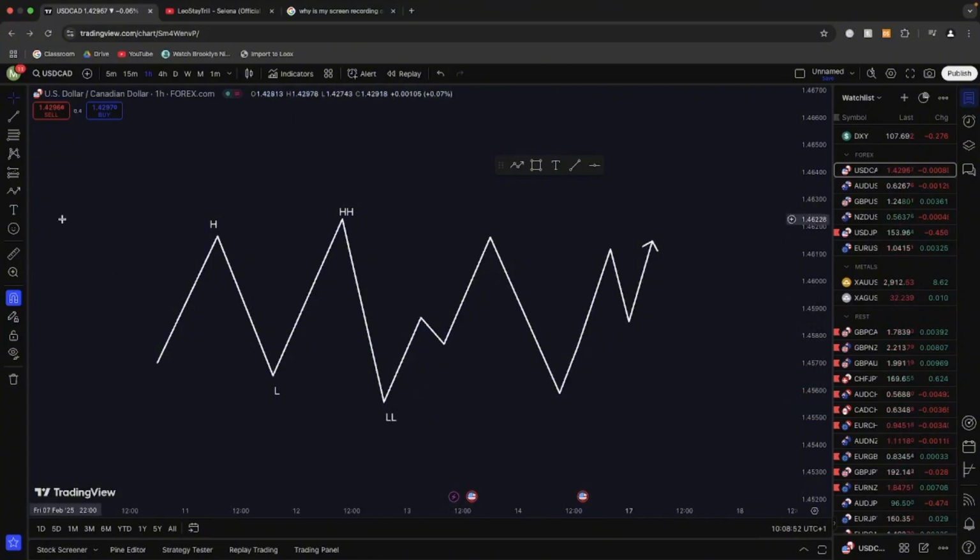Then here, okay, maybe we're switching into a downtrend. Here we get a lower high, which is in the downtrend. But now here we get a higher low. So again, we're not in a downtrend.